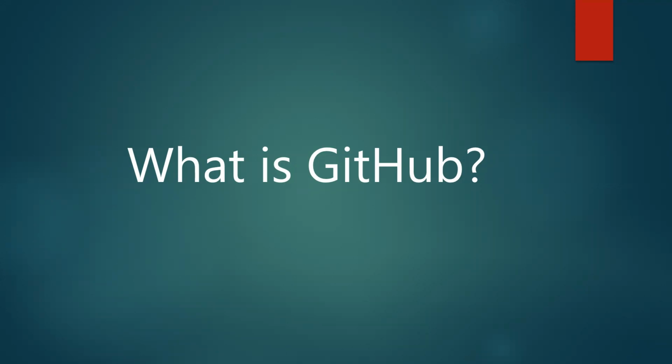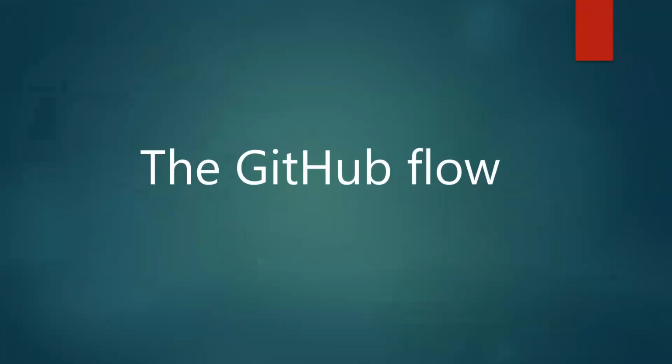So for now you may know what is GitHub and why multiple developers are using GitHub. Now let's see, on a daily basis, you may have heard of a term called GitHub Flow.